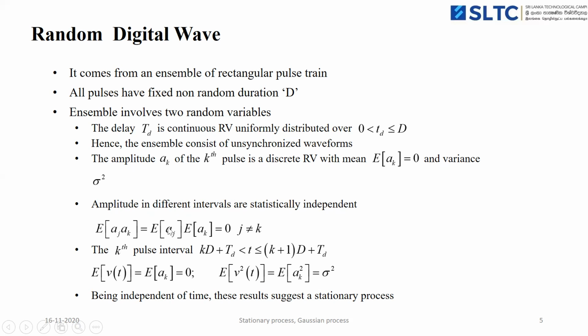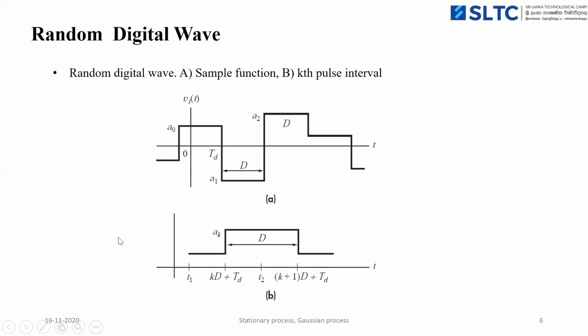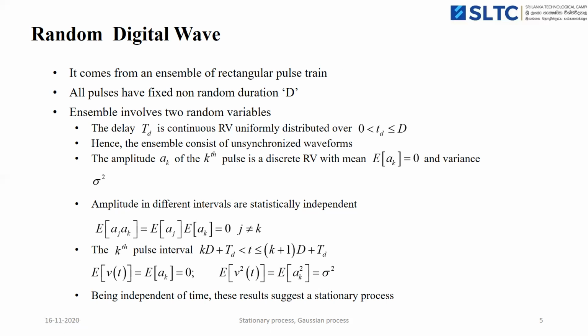It is checked by this mathematical representation, that is, the expectation of A_j and A_k. A_j means the amplitude in the jth pulse duration, and A_k means the amplitude in the kth pulse duration.